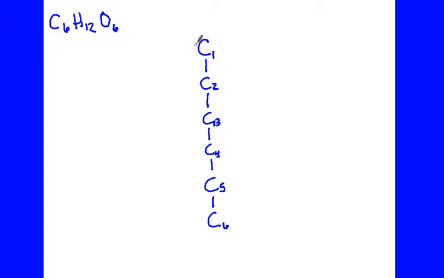On carbon 1, we need to have a single bonded hydrogen and a double bonded oxygen. Now, the way I remember how to draw linear glucose is on this side of my first carbon, I have a single hydrogen. So I'm going to put single hydrogens all the way down this side of the molecule, except on the special third carbon.